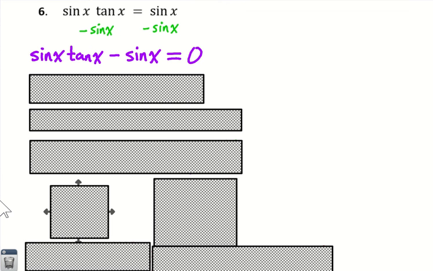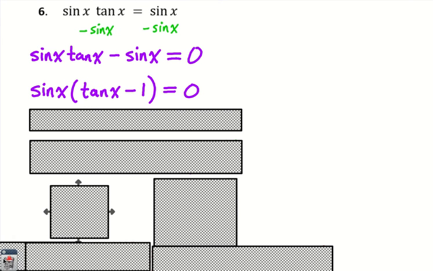Let's see. So we have to subtract sine of x to the other side. Set equal to 0, our go-to move here. And can this factor? You bet it can, because what's the first method of factoring we always have to check? GCF, of course.